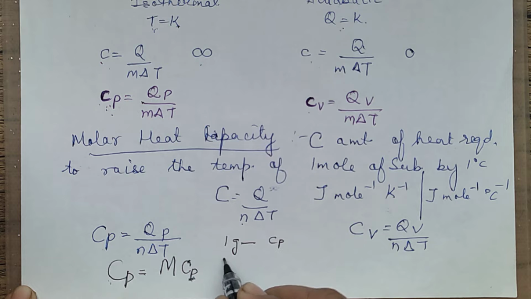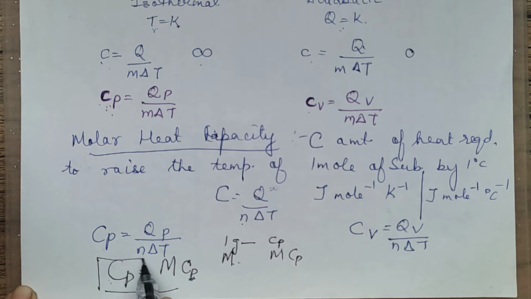So for 1 gram, it is the specific heat capacity cp. For molecular mass, because this is for 1 mole and we are saying molar heat capacity, it will be M multiplied by the cp. So you have this relation for the Cp part.